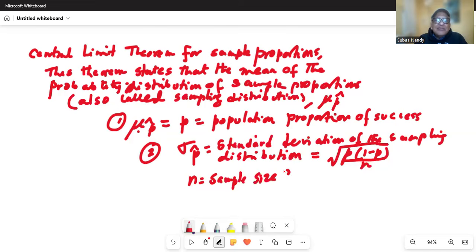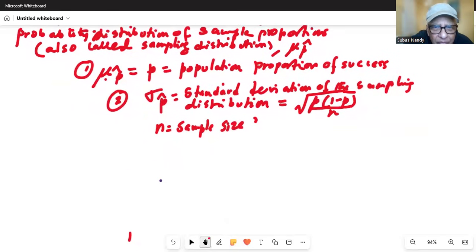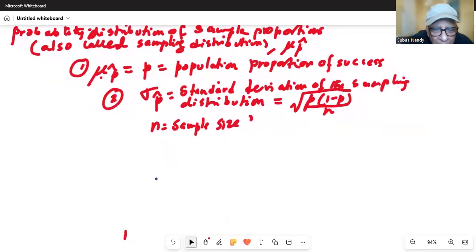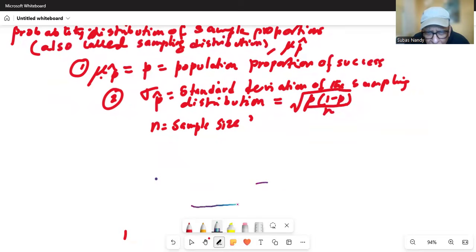And as this theorem states, the center of the sampling distribution. Now, what is the sampling distribution? How does it look like? So I will draw it for you here in a minute. Let me draw it over here. This is your p hat or sample proportion.